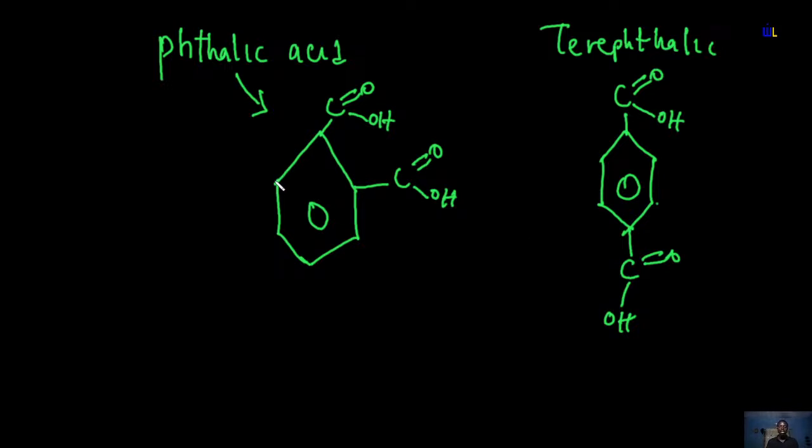With that said, let's name this. Imagine you have NH2 here, and you also have NH2 here. As I said, once you have the carboxylic groups on 1,4 parallel to each other, it is terephthalic. But if they are adjacent to each other, it's just referred to as phthalic acid.